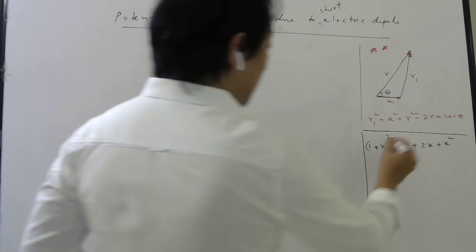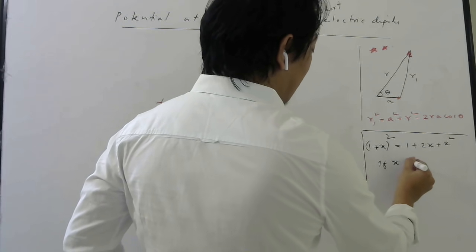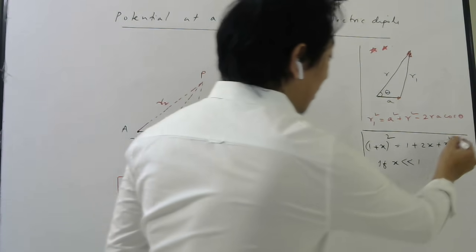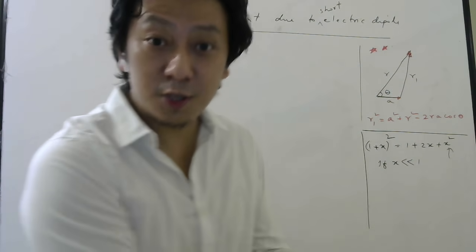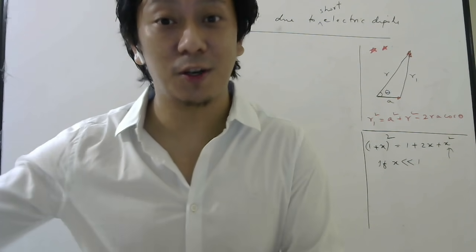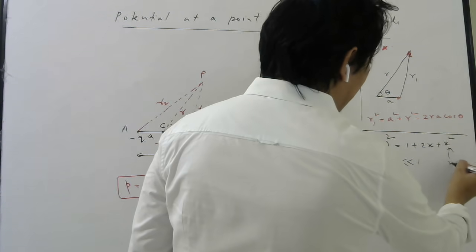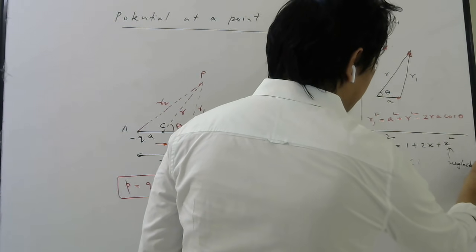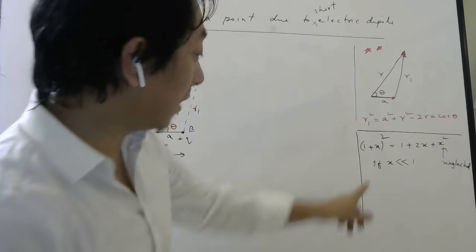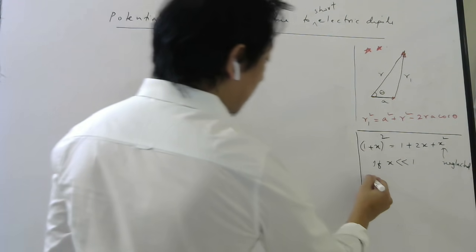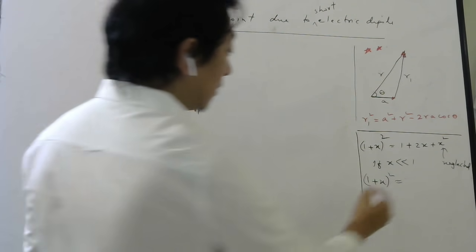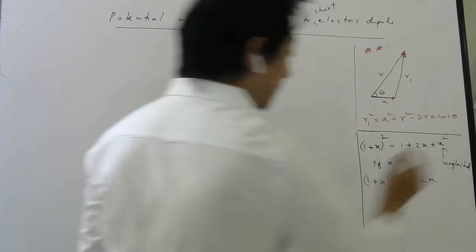Now, if x is very small, if x is much smaller than 1, then x square will be very small. Like if you take 0.01 square, 0.0001 will come. So this x square can be neglected if x is very small. Then 1 plus x whole square will become approximately 1 plus only 2x.